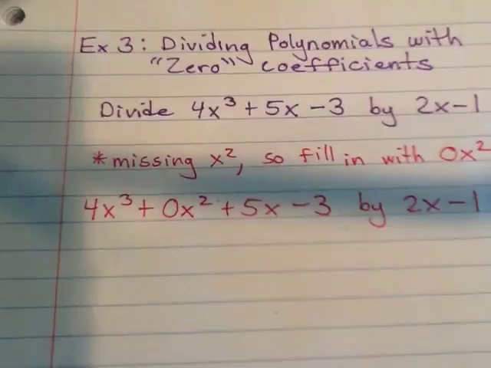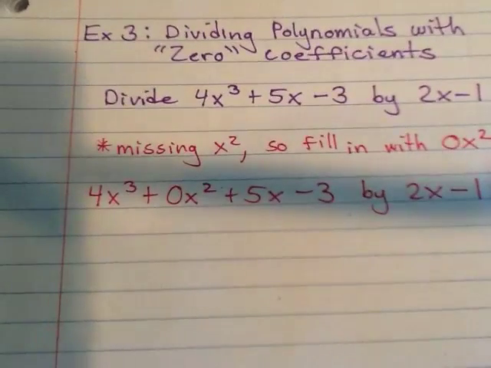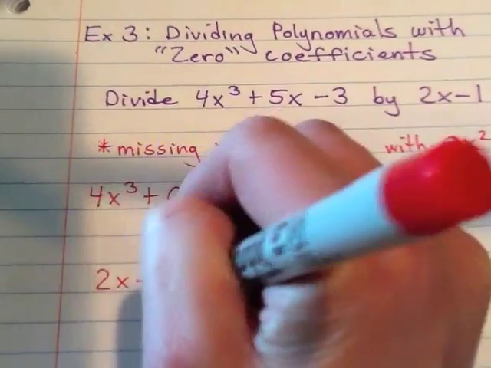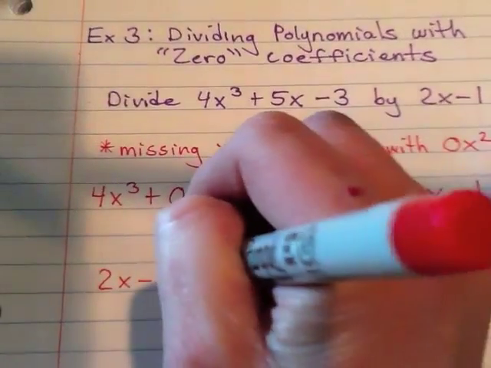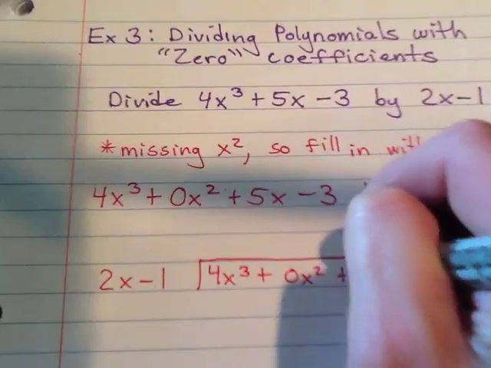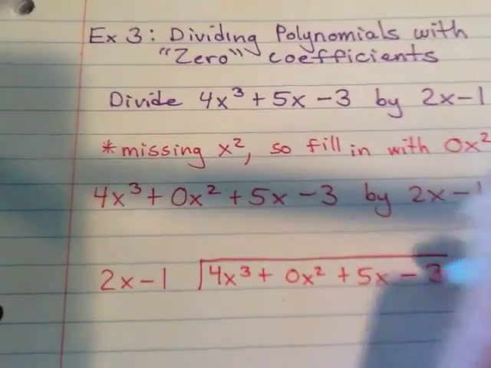So again, right here, I want you to just follow the rules you know about polynomials, follow the rules you know about long division. So 2x minus 1 divided into 4x cubed plus 0x squared plus 5x subtracting 3.